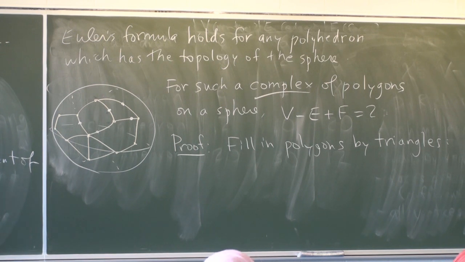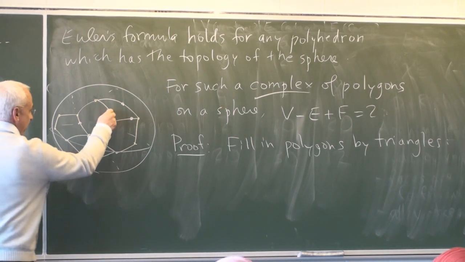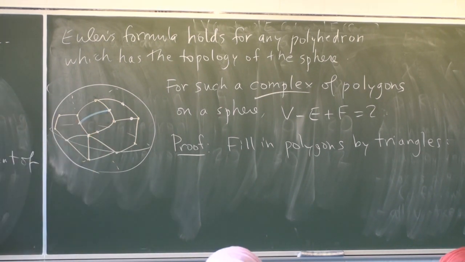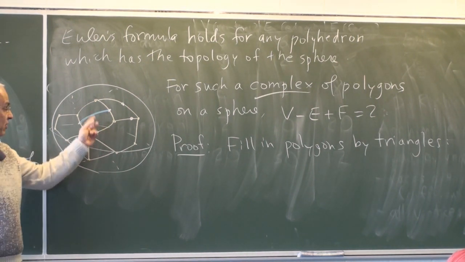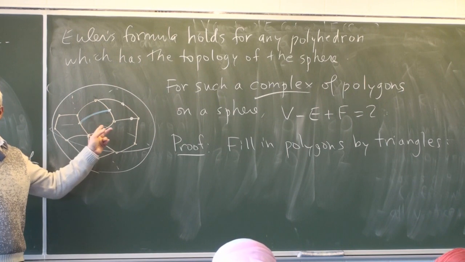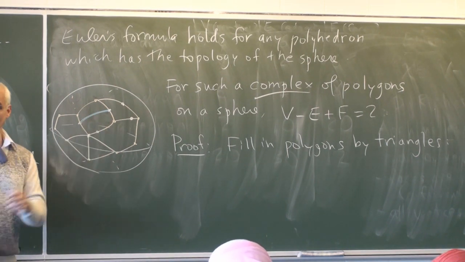And then the second thing that we're going to do is join vertices with new edges. So for example, I might join that one with that one. What have I done? I've now increased the number of edges by 1. And I've increased the number of faces by 1, because instead of having one face here, now there are 2 faces.